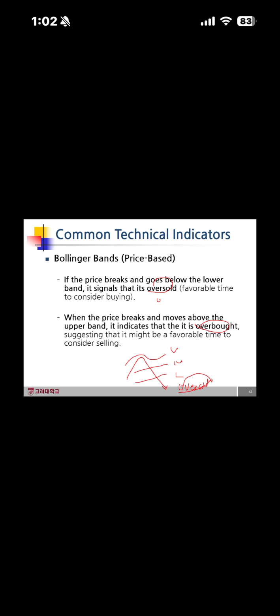And this means the price has fallen significantly relative to its recent average. So some technical analysts interpret this situation as a buying opportunity, expecting the price to eventually move back toward the average level. On the other hand, when the price moves above the upper band, the stock may be considered overbought.